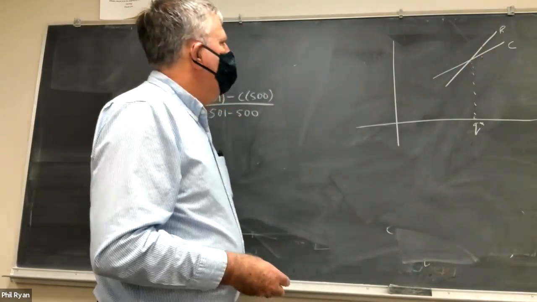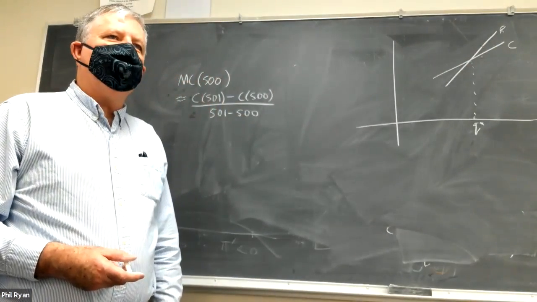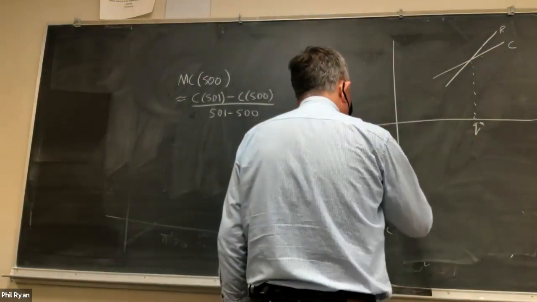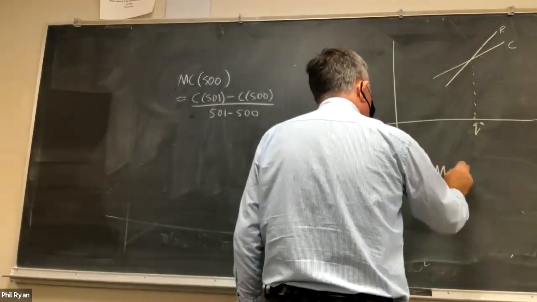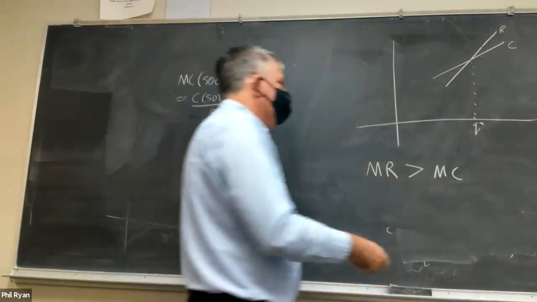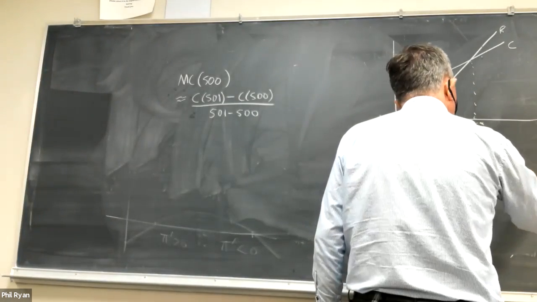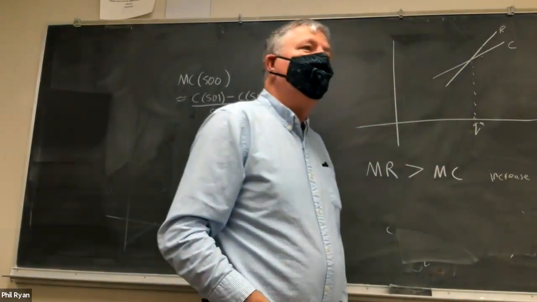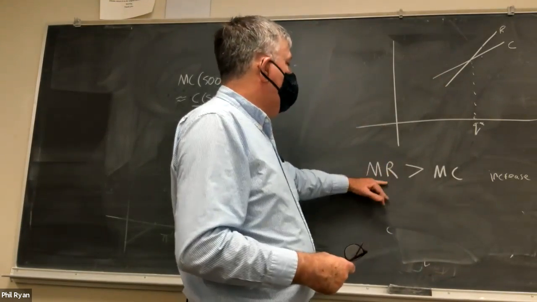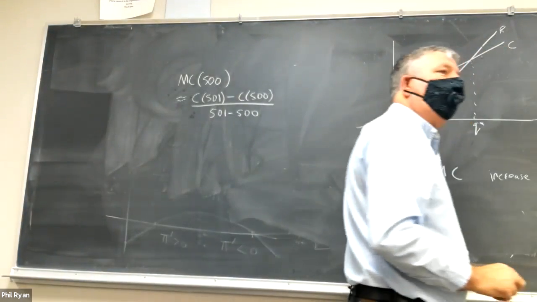So how can we put this in terms of marginal revenue and marginal cost? What happens when marginal revenue is greater than marginal cost? What should you do? You should increase. And why is that? Because if marginal revenue is greater than marginal cost, what is positive?